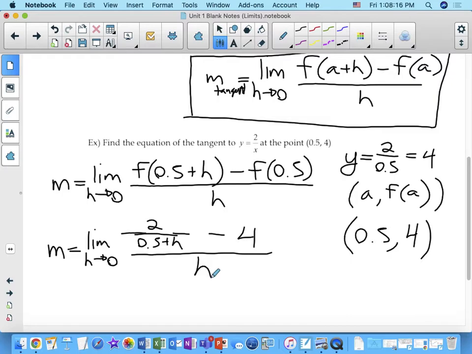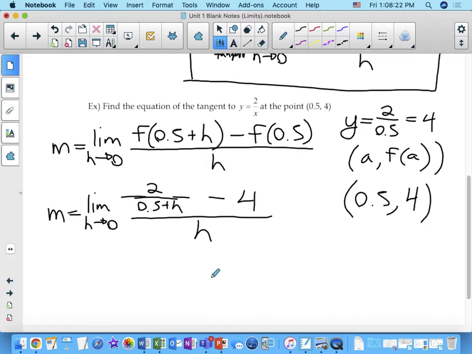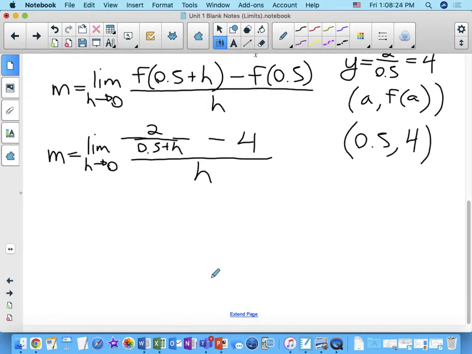Okay, so what would you do with this one? Common denominator, yes. Okay, so the denominator of the 4 is 1, right? What is the common denominator between these two? Yes, 0.5 plus h.